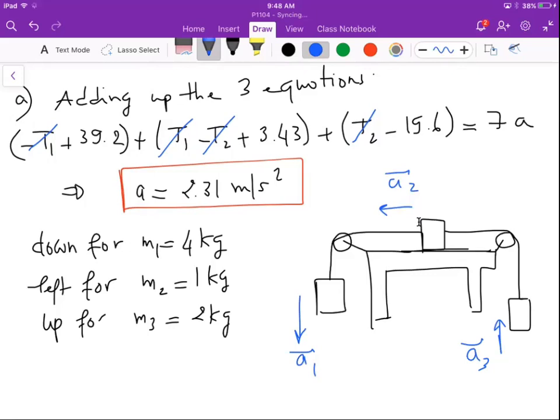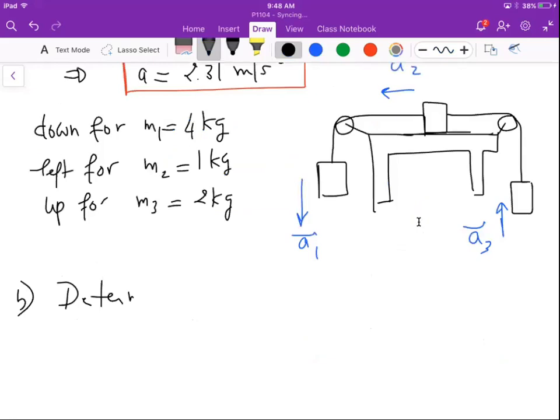Now in part B, we have to determine the tensions in the two chords. So in the second part, we have to determine both T1 and T2. This becomes a detail now, because we have everything we need to find the tensions. Take equation number 3: T2 minus 19.6 is equal to 2A.